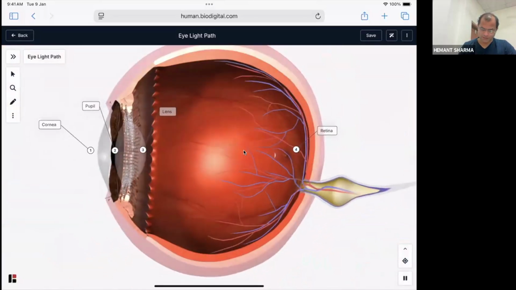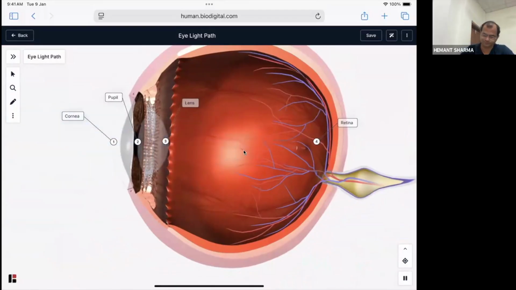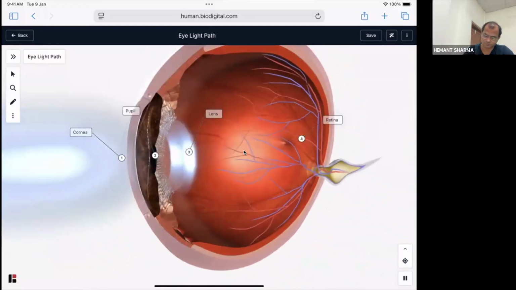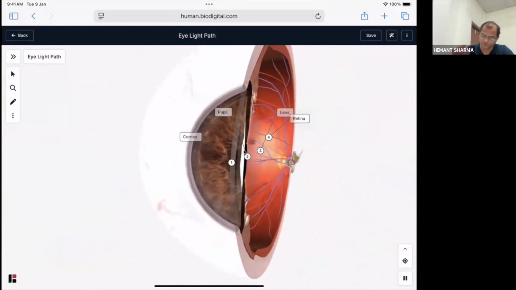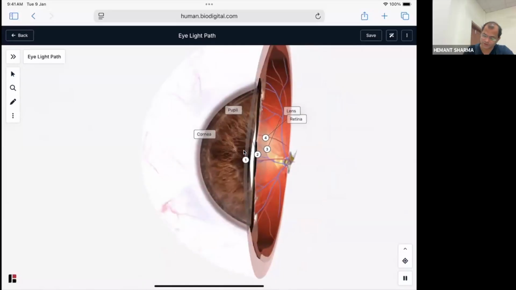So when the light comes, light crosses many things. जब light enter करती है, so the first is this layer.